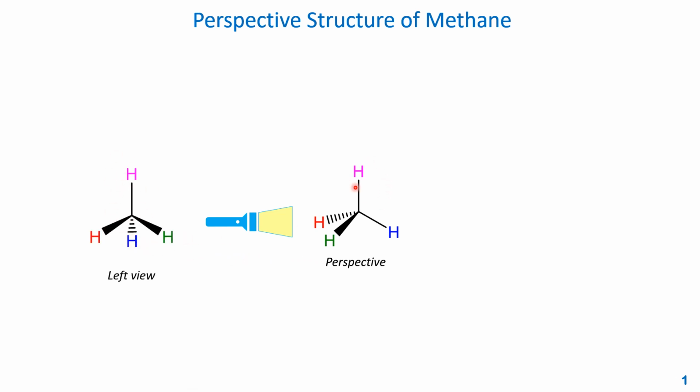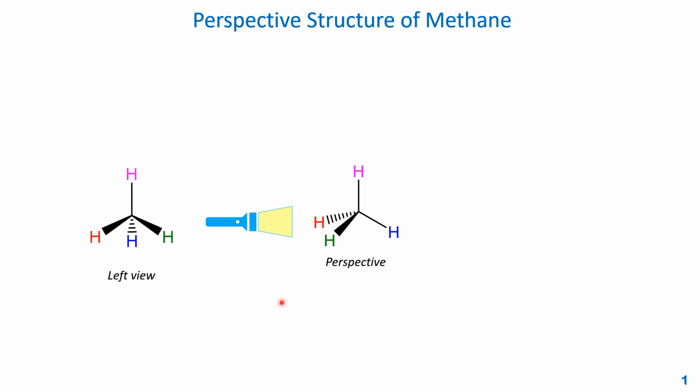So this is still the vertical hydrogen, but you will see this red hydrogen pointed to you if you look from the left, pointed to you and to your left. The green hydrogen will also be pointed to you but to your right. This blue hydrogen from the left view will be away from you.